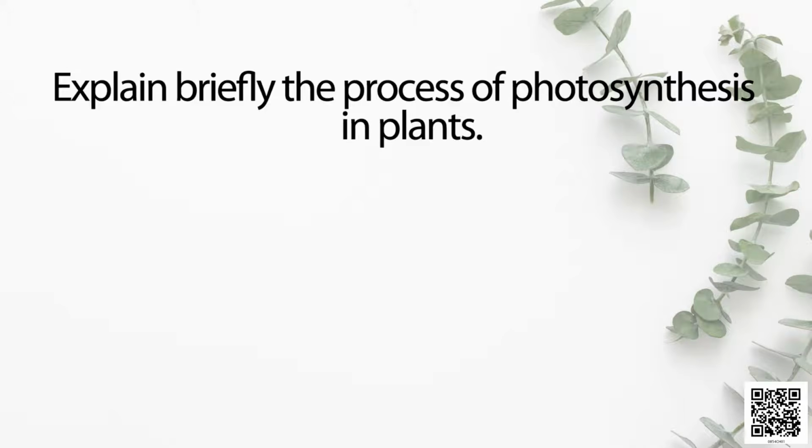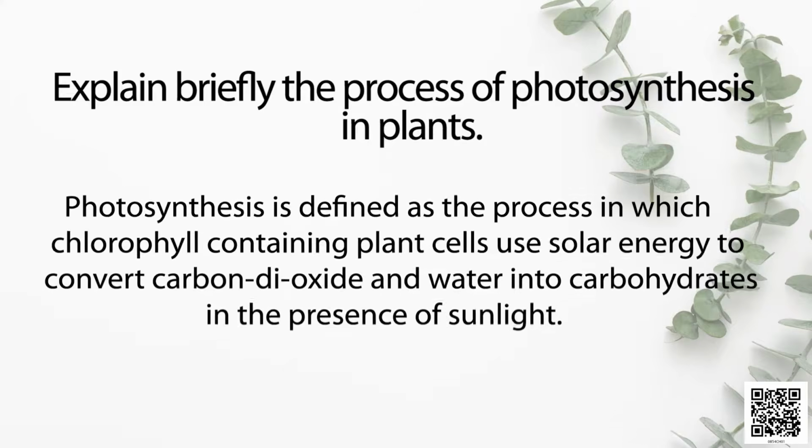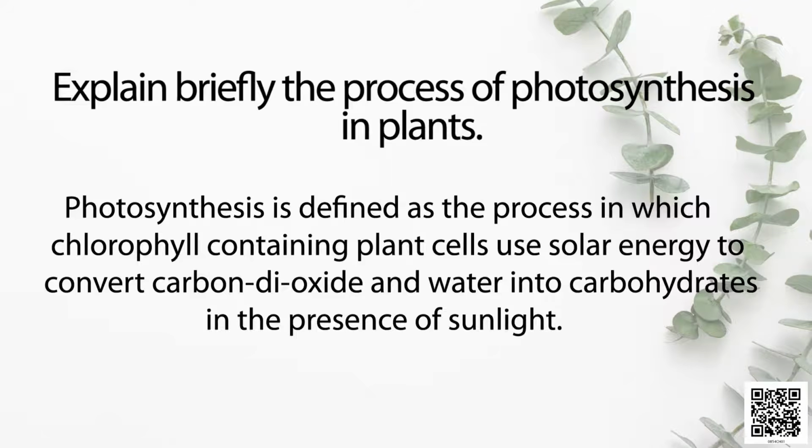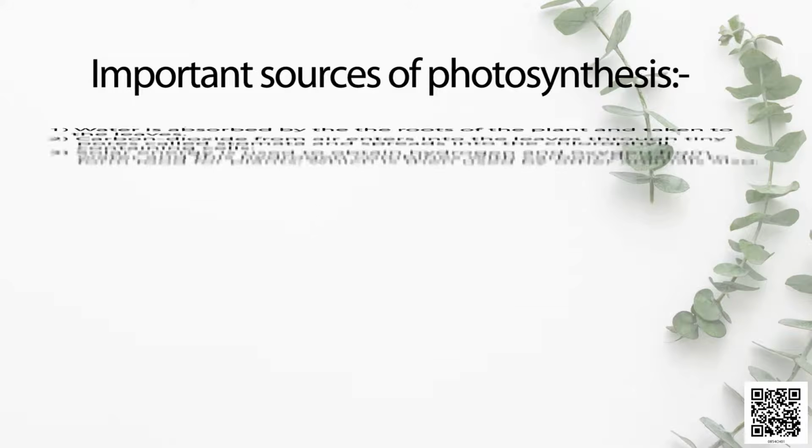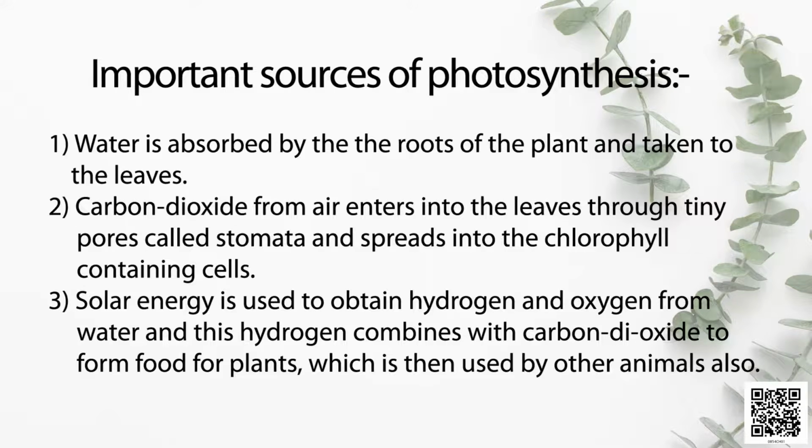Explain briefly the process of photosynthesis in plants. Photosynthesis is defined as the process in which chlorophyll containing plant cells use solar energy to convert carbon dioxide and water into carbohydrates in the presence of sunlight. Important sources for photosynthesis: water is absorbed by the roots of the plant and taken to the leaves.